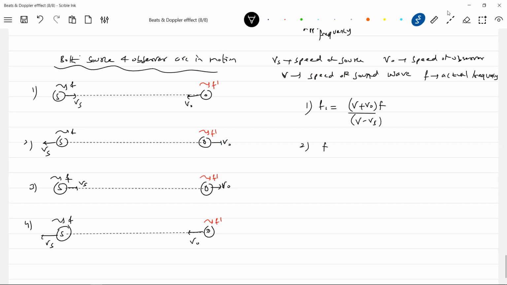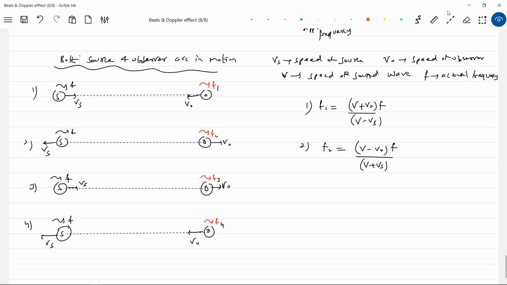Second case, F2. So can you write anything? So V minus V naught, observer moving away from source. Source moving away means in the numerator... You say, no sir, I will think in the way you have taught it. Okay, you can, but in exams what happens?